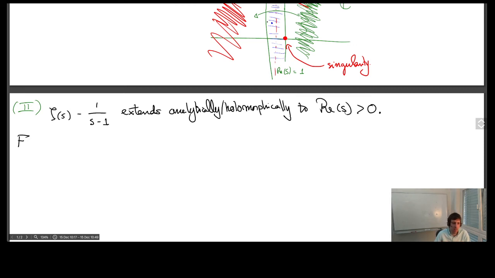You argue that said series makes sense all the way up to the imaginary axis, and therefore it must be the analytic continuation. This is the type of argument. Let's see it because this is simple, and you'll see the kind of argument. So it's a good thing to see.